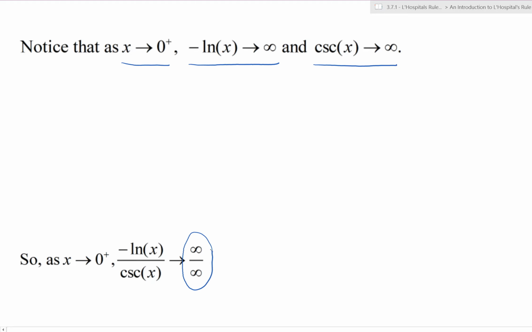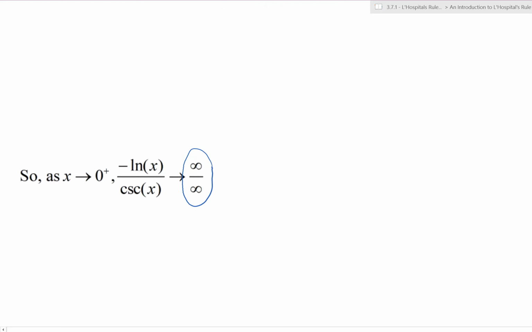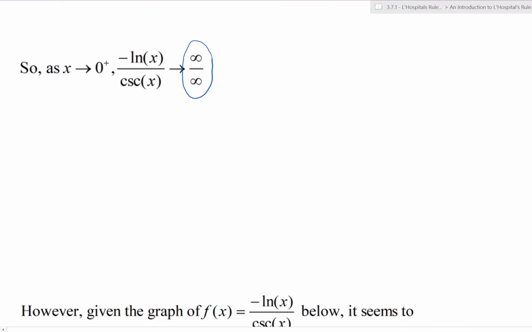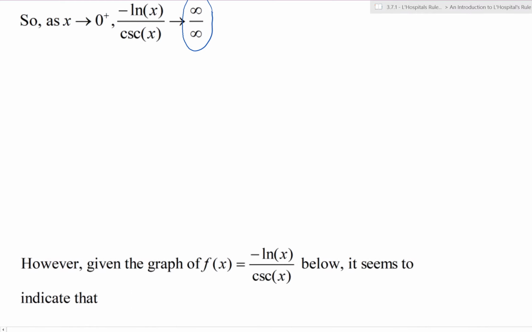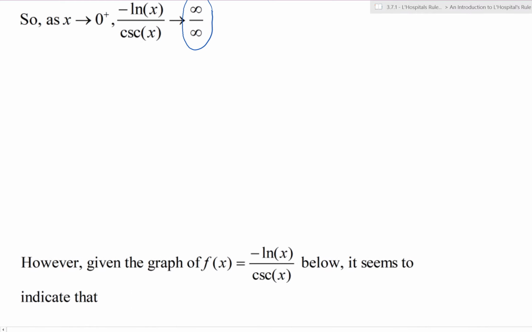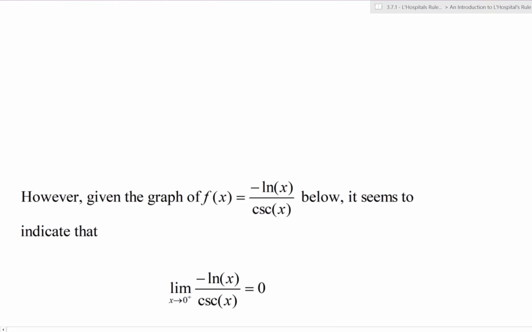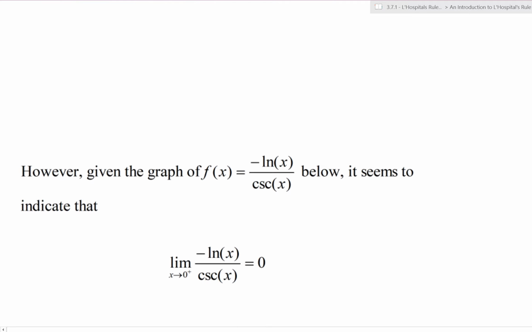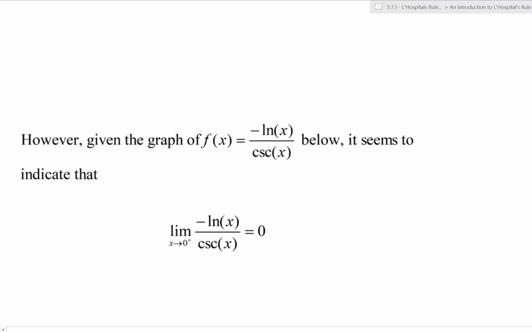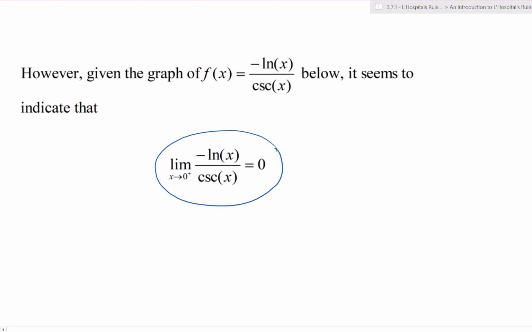And unfortunately, that's not necessarily going to be equal to 1, since infinity is not a numerical value. However, given the graph of this function, negative ln of x divided by cosecant of x, that we're about to see below, it seems to indicate that the limit actually does exist and is equal to 0.